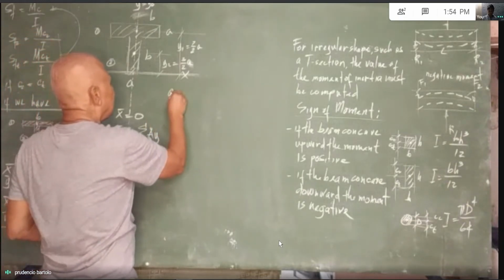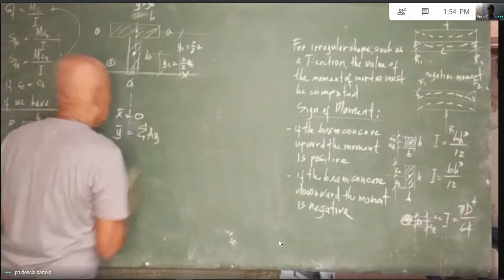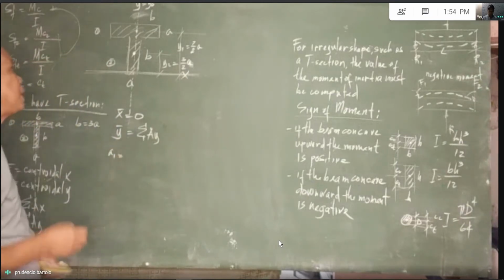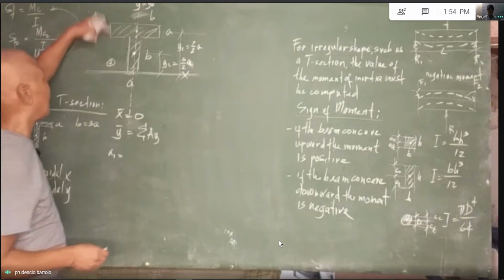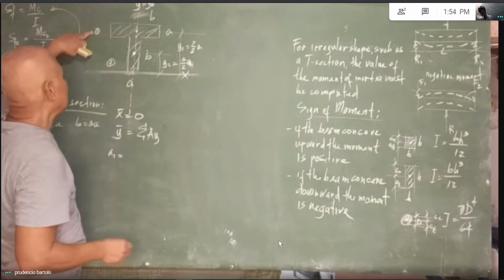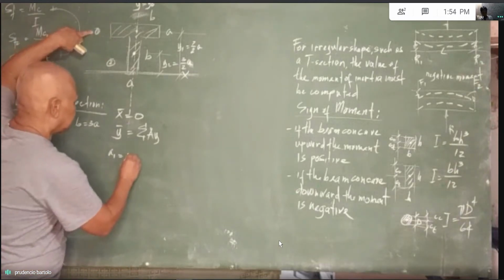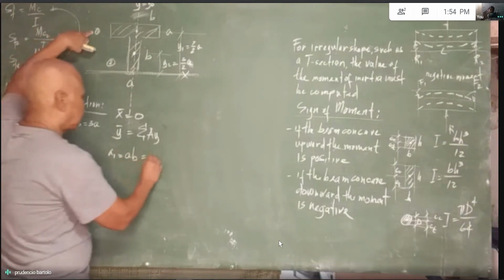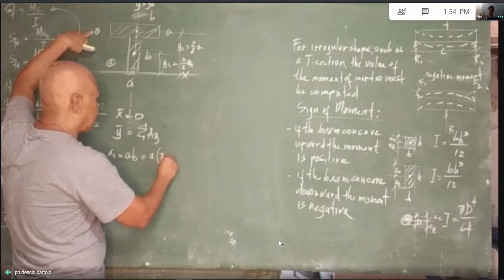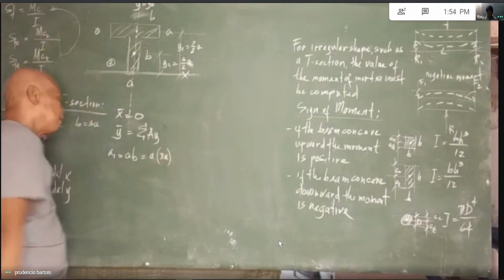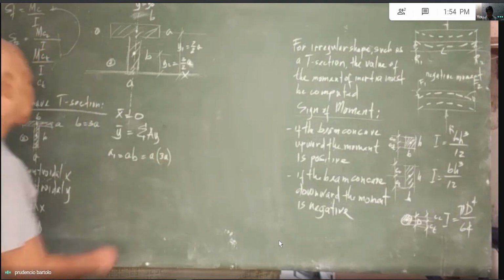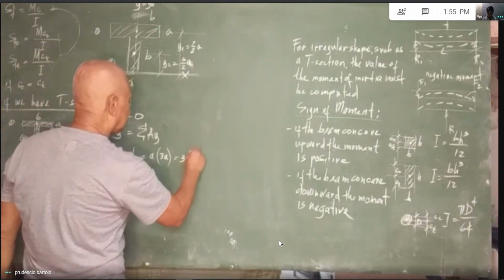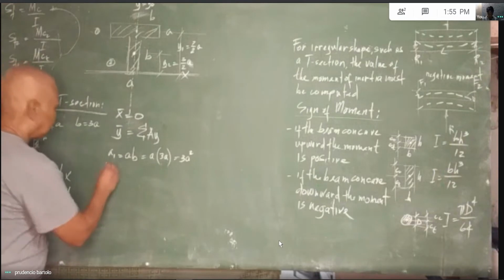Our A sub 1 will now be equal to the area of the first figure. That is equal to a multiplied by b, or a multiplied by 3a, and that will be considered equal to 3a squared.